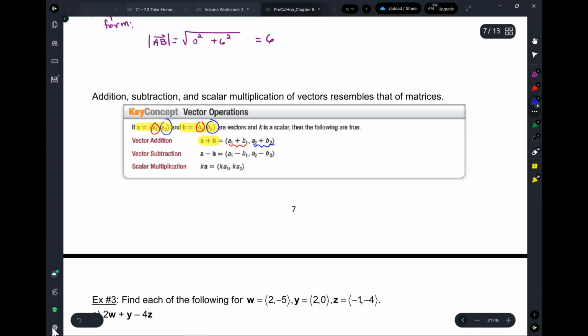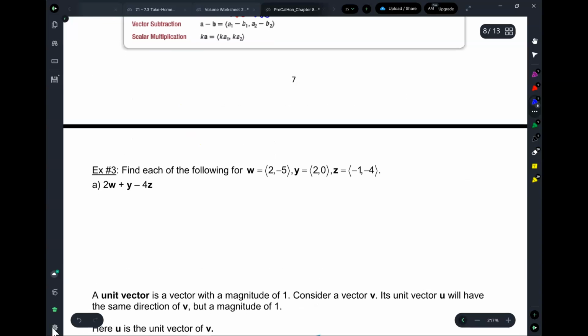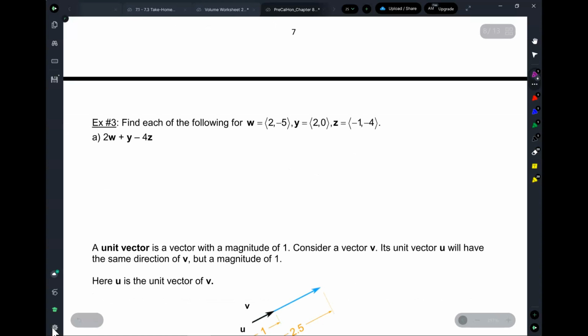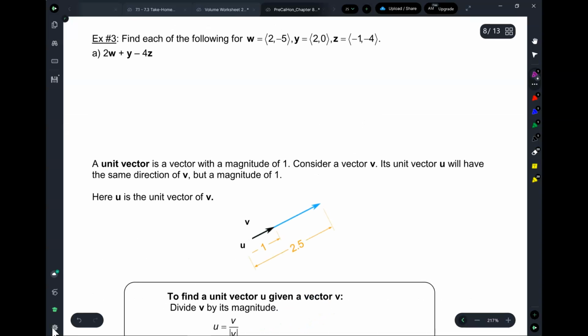What does that remind you of? Adding and subtracting what? Matrices, right? It's exactly the same. All right, so take a look here. And then scalar multiplication is the exact same thing. So take a look here.